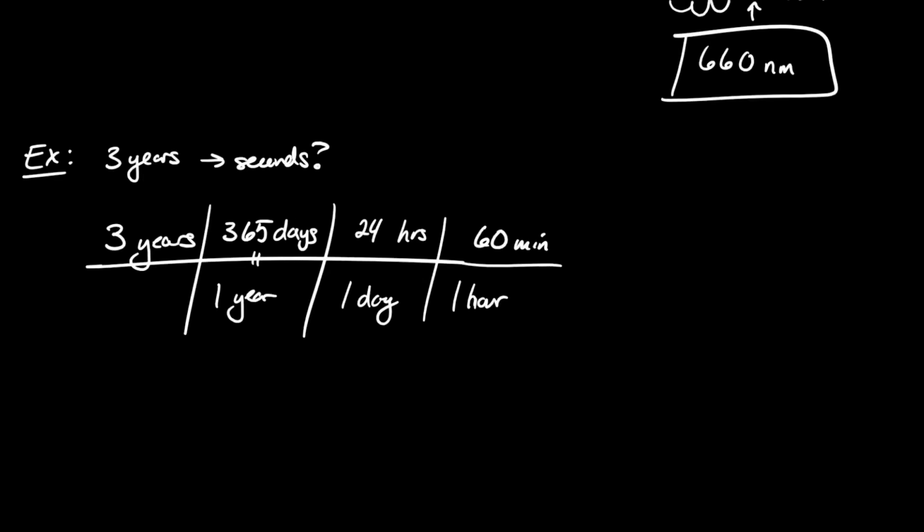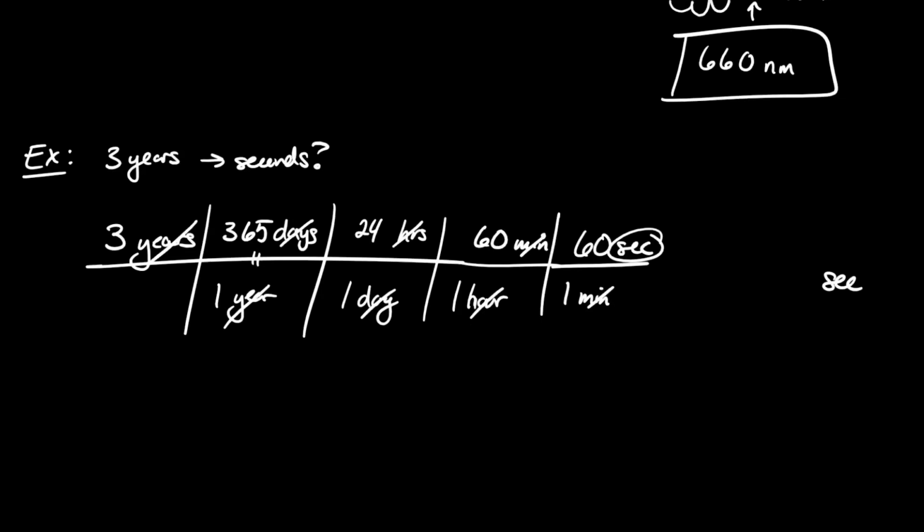Now we can just check where we are so far. Our years have canceled, days have canceled, hours have canceled. If we were to stop here, whatever number we get would give me how many minutes are in 3 years, but we want seconds, so we're going to keep going. And in each 1 minute, there are 60 seconds. Okay, so our result, the only surviving unit is seconds.